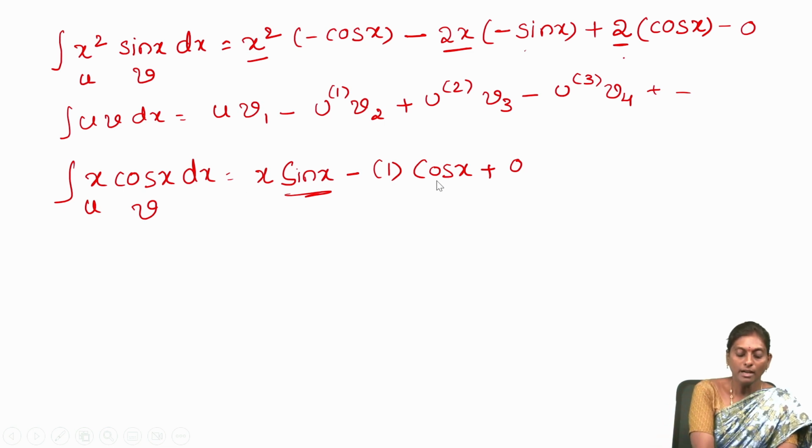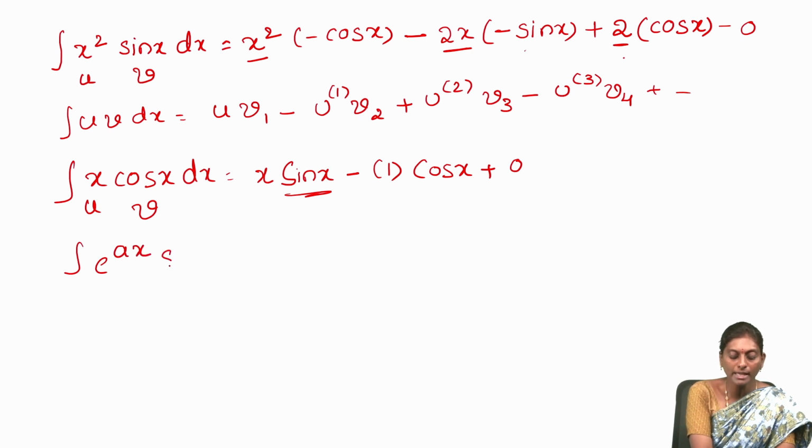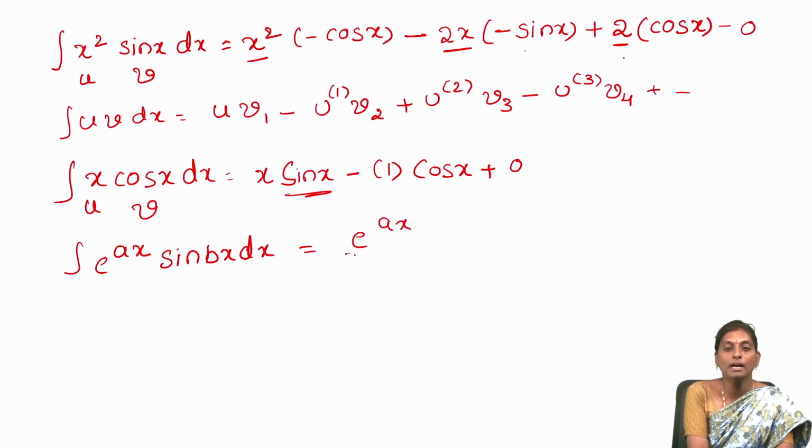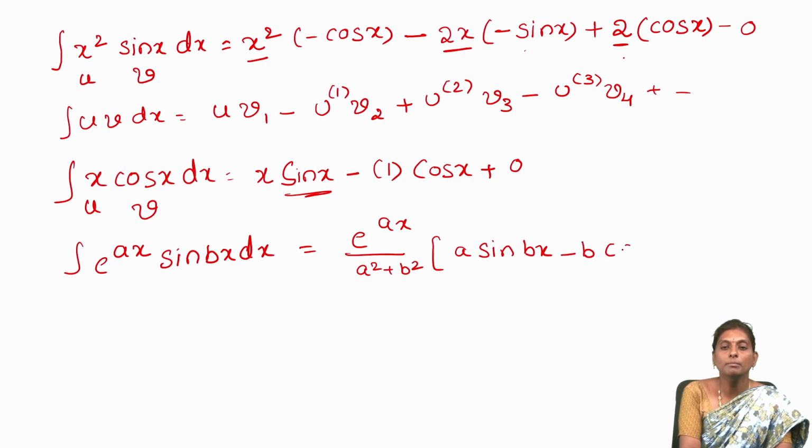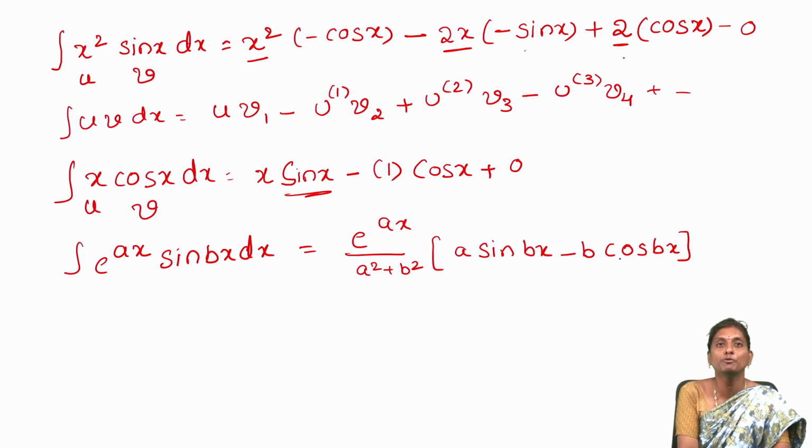So the value of the integration of x cos x dx is x sin x plus cos x. Also remember one more formula: the integration of e power ax sin bx dx is equal to e power ax by a square plus b square, times a sin bx minus b cos bx. Remember these formulas; they are very helpful for solving the Fourier series.